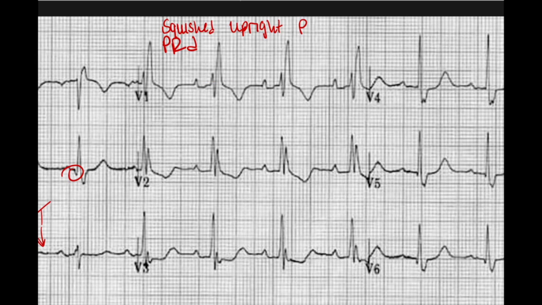This complex seems to be an RSR prime complex. That S should be small. There doesn't seem to be any ST segment elevation or depression. And we know that inverted T waves in V1 are relatively fine.